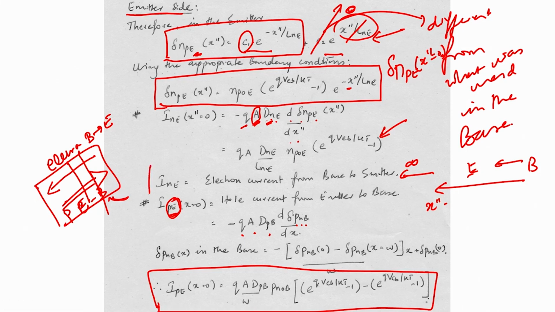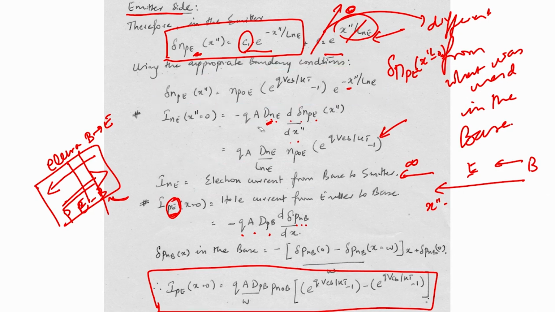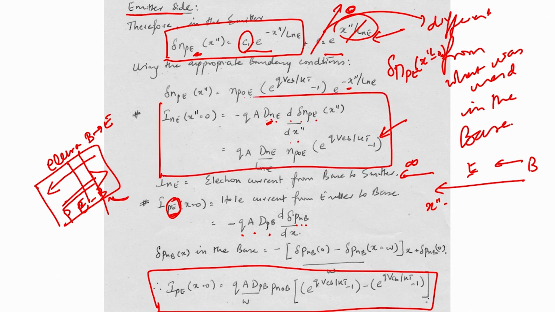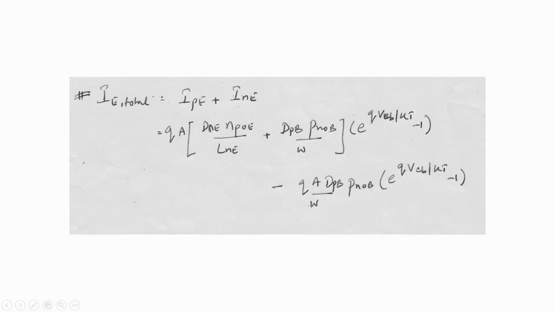That is the current, that is the electrons from the base to the emitter. You have a forward bias base emitter junction, so that is the electrons from the base to the emitter, this is the holes from the emitter to the base, and the total current is therefore the sum of these two, okay.